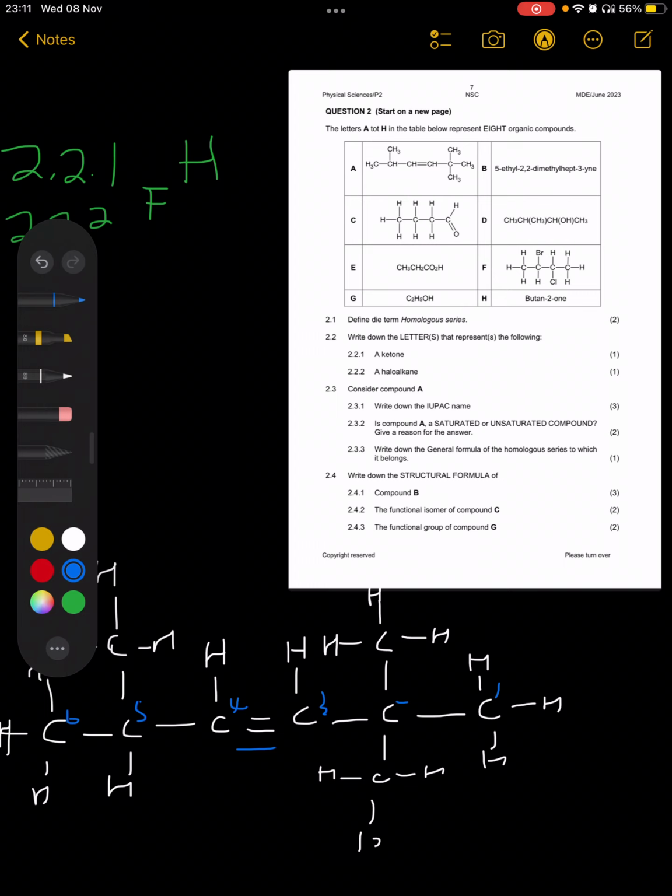Either you're starting from here, it's the 1, or here it's the 1. So it means the double bond is in carbon number 3. Let's try a different color. Carbon number 1, 2, 3, 4, 5, and it has 6. So either this can be 6 or that can be 6, or this can either be 1 as well. So now, those two names you can give the structure.